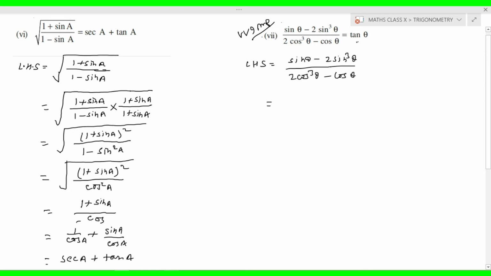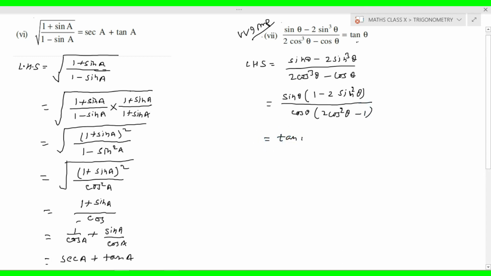So take the common sin theta from the numerator. So sin theta is common, so it will be 1 minus 2 sin square theta, and in the denominator if you take the common cos, you will get 2 cos square theta minus 1, and we know that sin theta by cos theta gives you tan theta.